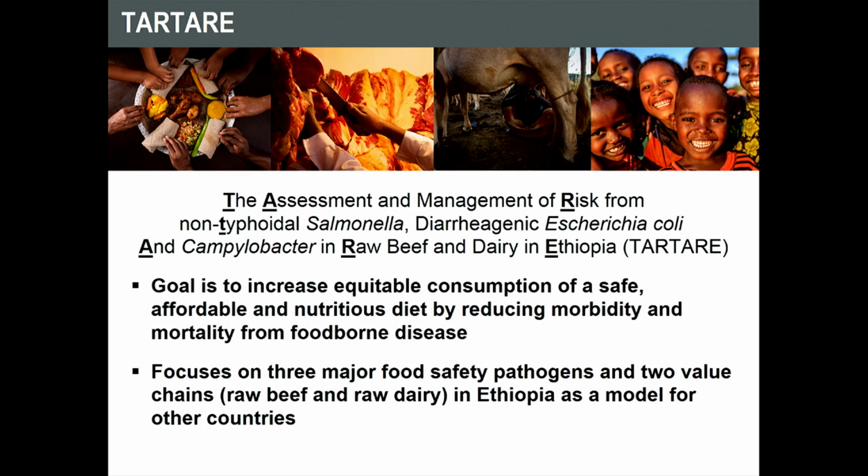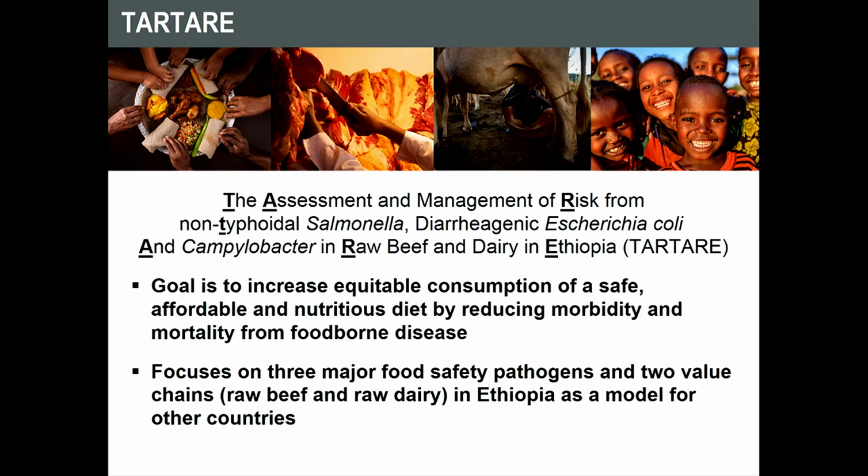So this is a 4-year project for $3.4 million. And we were just awarded in late November, so we're still in the initiation phase. But the overall and long-term goal of this project is to increase equitable consumption of a safe, affordable, and nutritious diet by specifically reducing morbidity and mortality due to foodborne disease.